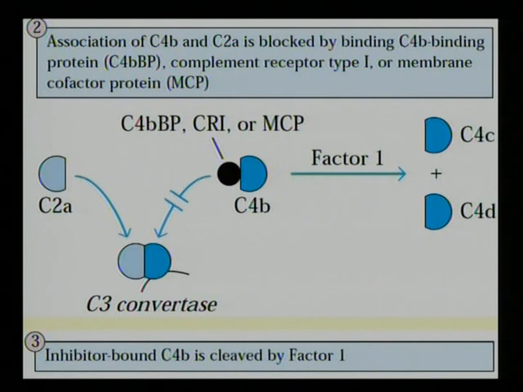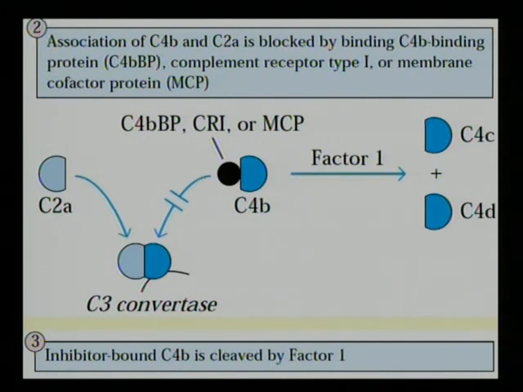Before binding of C4b to C2a, C4b binding protein, or CR1, complement receptor type 1, or MCP, membrane cofactor protein, binds with the C4b molecule and won't allow C4b to bind with C2a. And once the C4b2a complex is not there, the formation of C3 convertase is prevented.